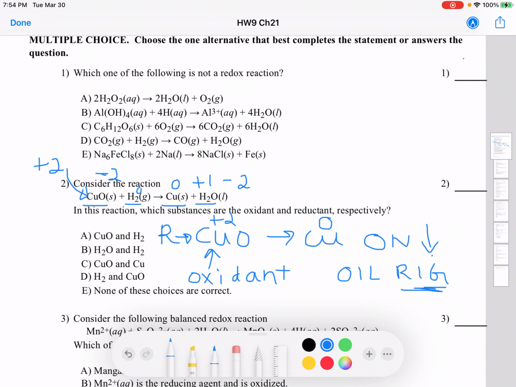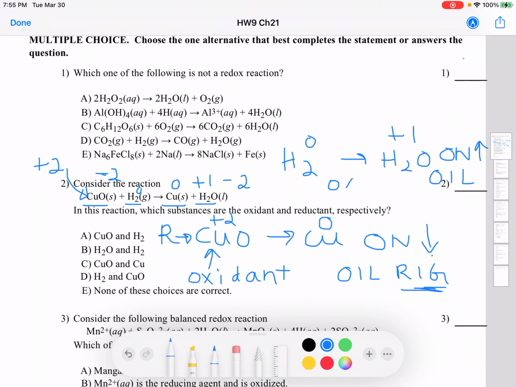What about the hydrogen? Hydrogen goes from 0 to H2O, hydrogen +1. Oxidation number increases by loss of electrons, oil. So if it is a loss of electrons, it is oxidation.